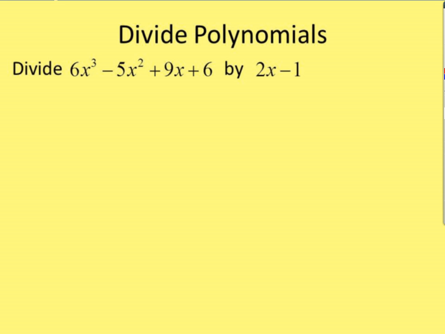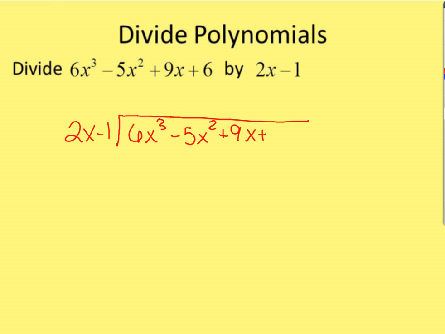So we need to divide 6x to the third minus 5x squared plus 9x plus 6 by 2x minus 1. Now, if there are any pieces that are missing, if we would not have an x squared, you would need to put in a 0x squared to hold its place.